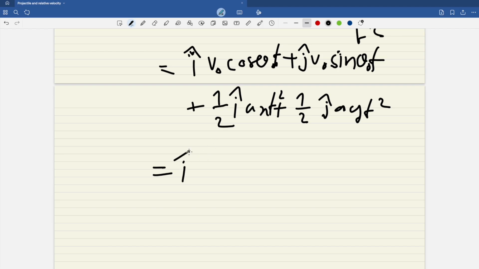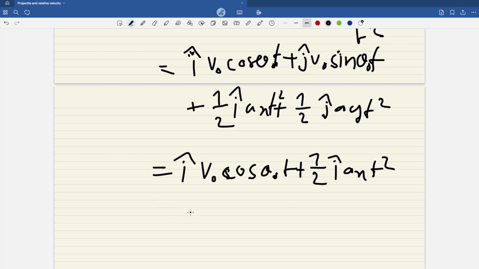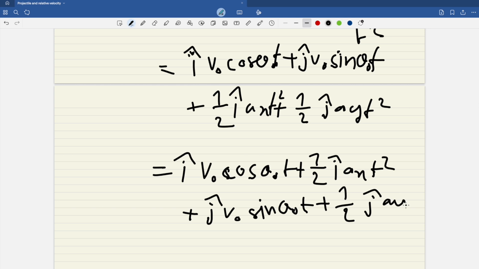Now, if I take these i, j unit vectors and sort them out, so i v naught cosine theta naught t, half i ax t square, and this is half j vector ay t square.